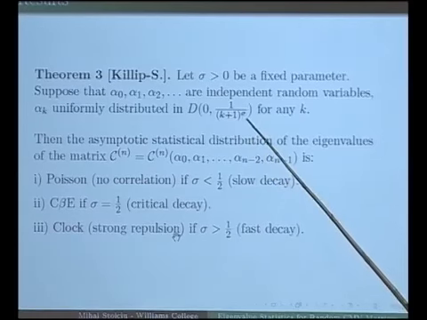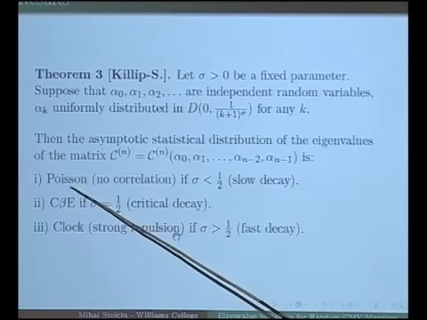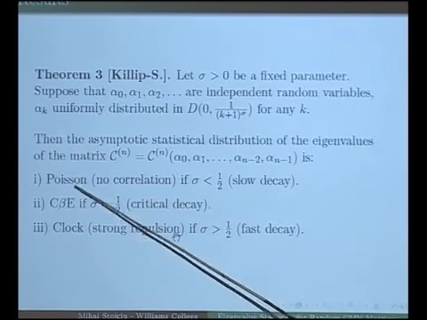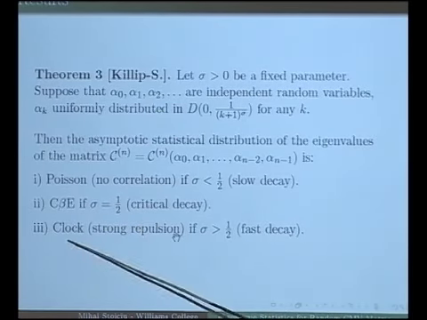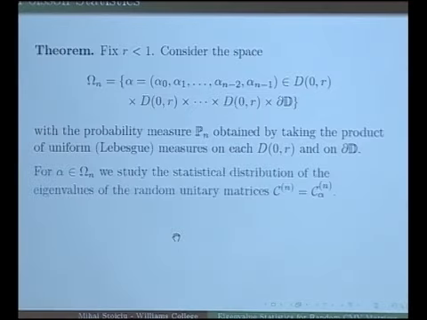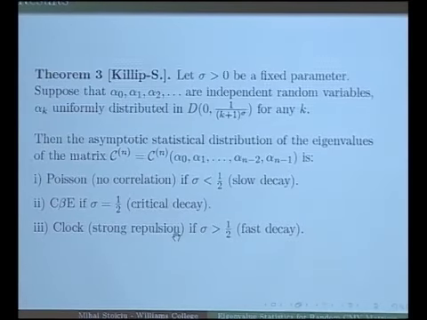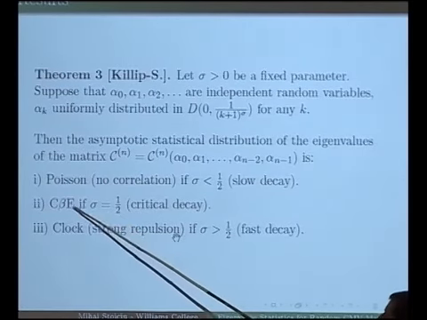In the case when we have decay, depending on the decay, if I take alpha k to be uniformly distributed in the disk of radius 1 over k to the sigma, then depending on sigma, in the case of slow decay we have Poisson, as we announced, the circular beta ensemble when sigma equals 1/2, and clock when sigma is greater than 1/2.